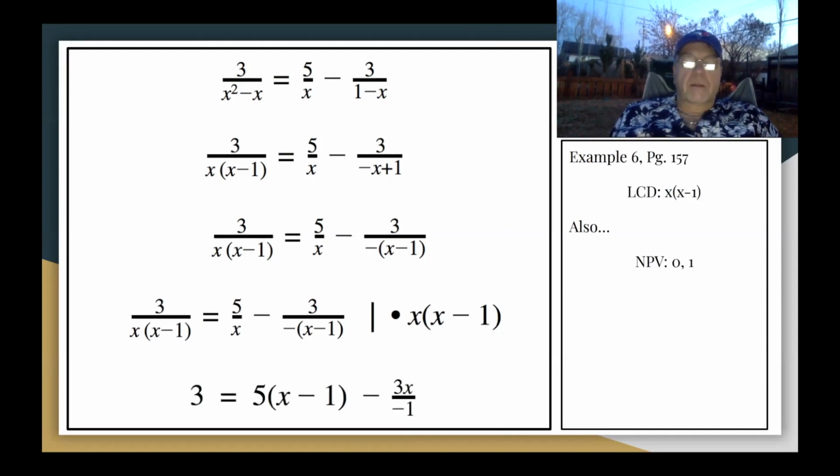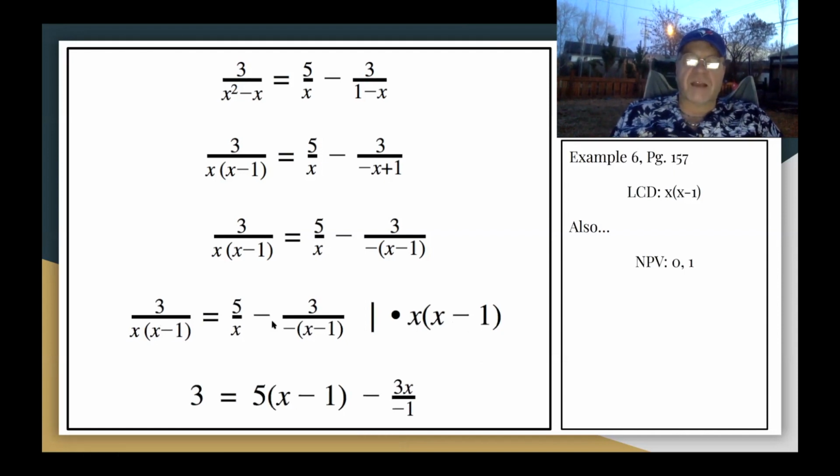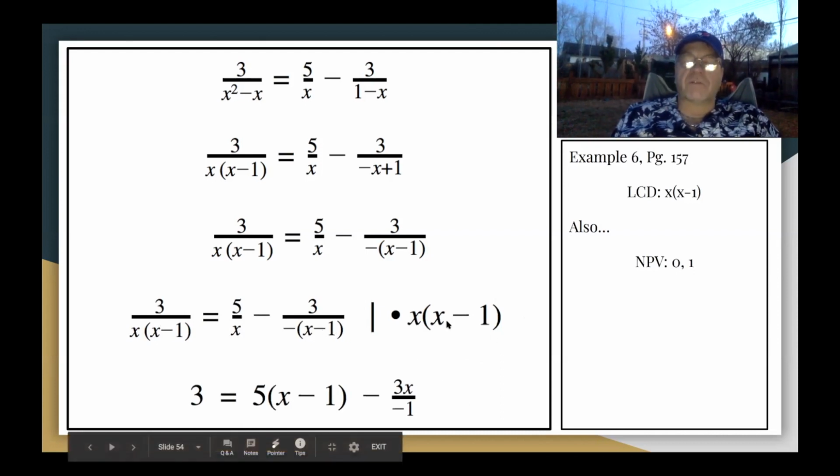All right. Well, the x times x minus 1 on the bottom, we're going to divide out on the first term. And we're going to get the full-on 5 times x minus 1 on the second term because the x's will divide out. And finally, the x minus 1 will divide out.